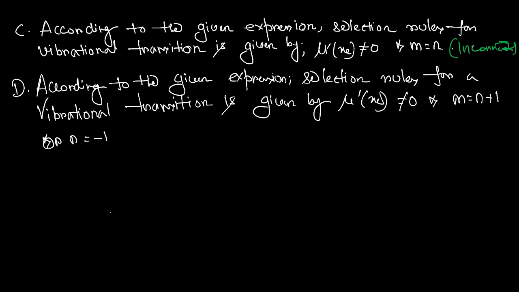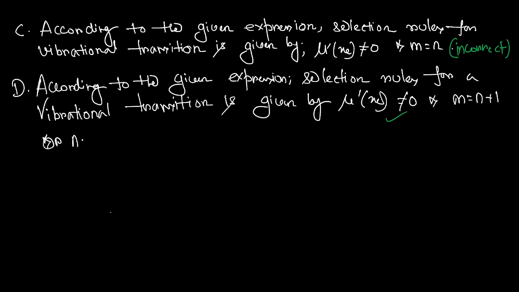We need to excite the molecule from one state to another state. And the last option says, according to the expression, the selection rule for a transition is given by mu xe not equal to 0, which is correct, and m equal to n plus 1 or m equal to n minus 1.